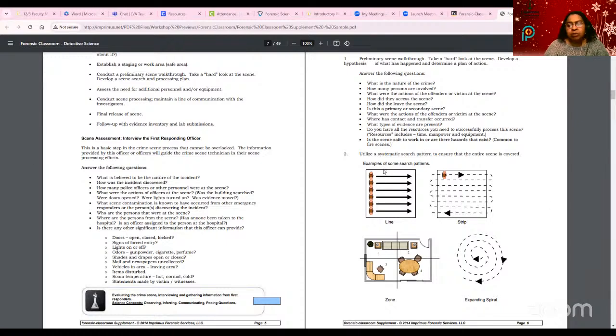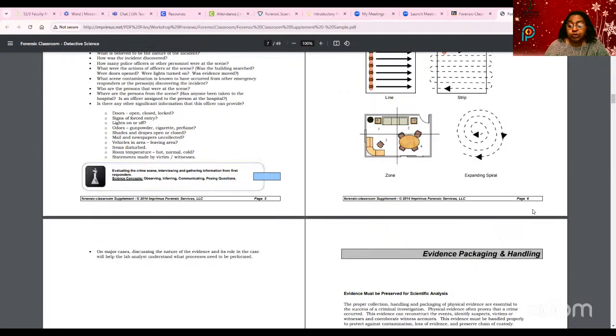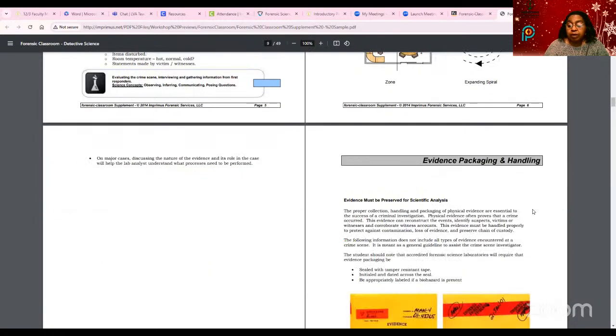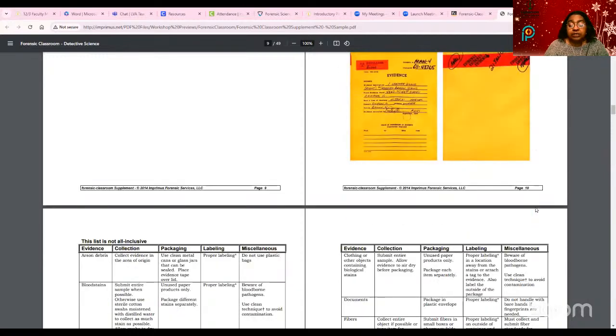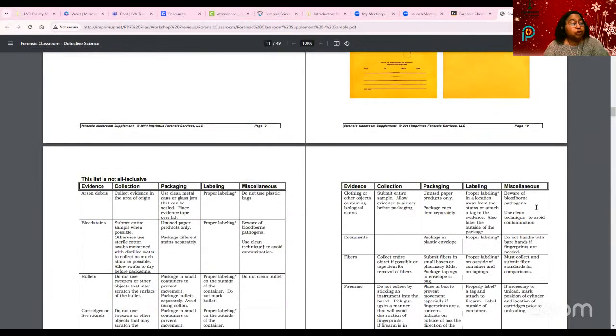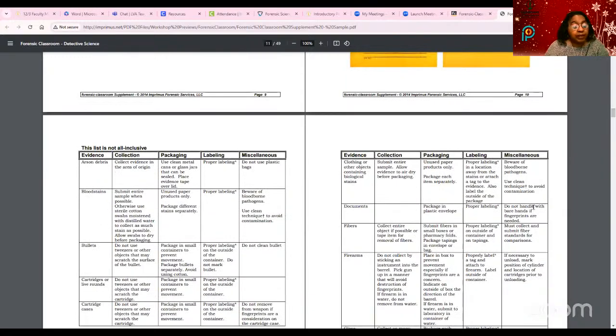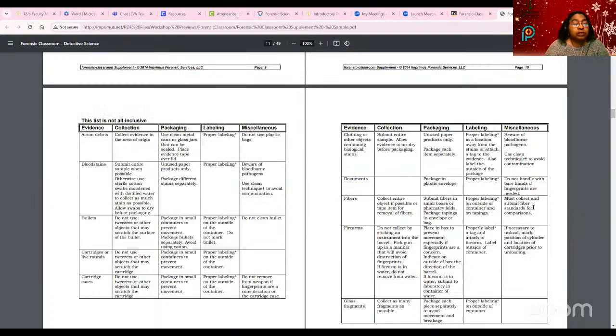All right, we talked about search patterns. We had grid search, strip search, spiral search, zone search, all those different search patterns. Packaging and handling. I just did this because this is all in one spot, but you do have Canvas units on all of these things.